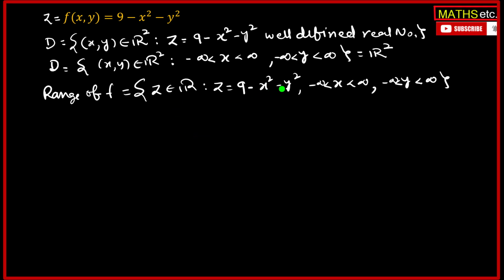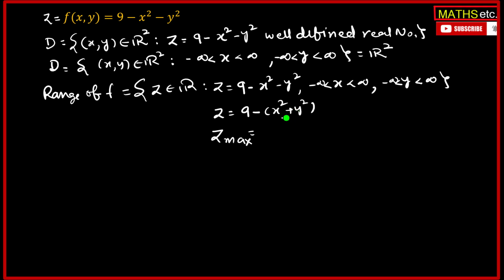Now let us see it here. We can write z as 9 minus (x squared plus y squared). What will be the maximum value of z? z will be maximum when the expression on the right hand side is maximum. And when will the right hand side be maximum?